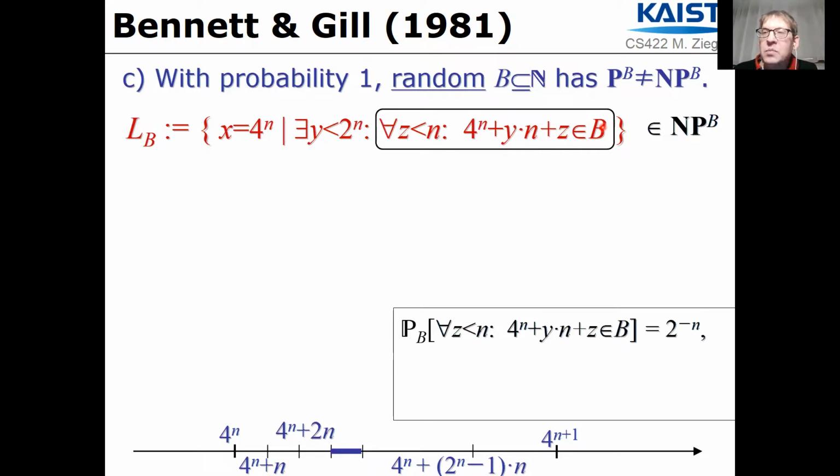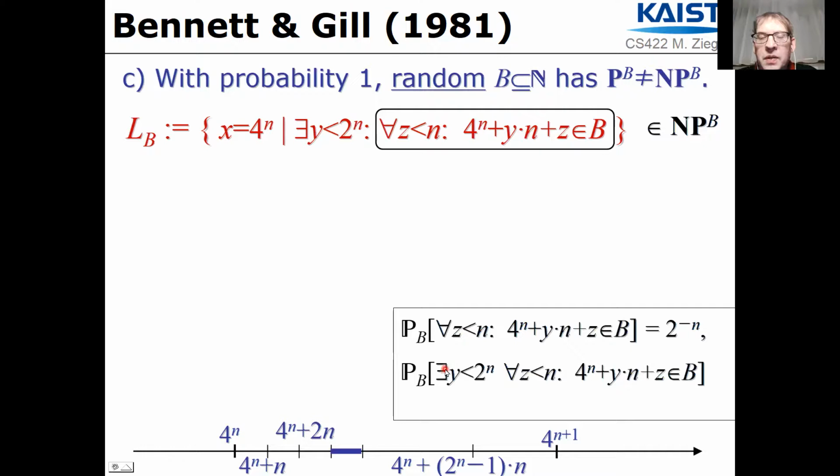So that's an easy analysis, but now let's also include the quantifier over y. Let's fix x and ask what is the probability for 4 to the n to belong to such a random oracle. So what is the probability that there exists such a witness?